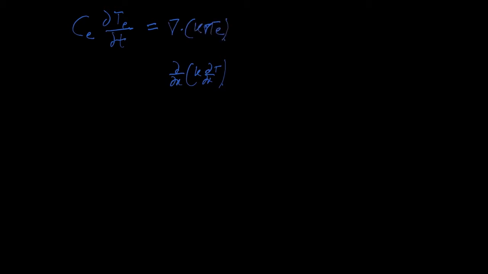So our equations were: C_E ∂T_e/∂t equals, in 1D we were writing ∂/∂x of k ∂T_e/∂x. Instead of writing this, we would now write the gradient to include all three directions: the gradient of T_e, minus G (T_e minus T_l).